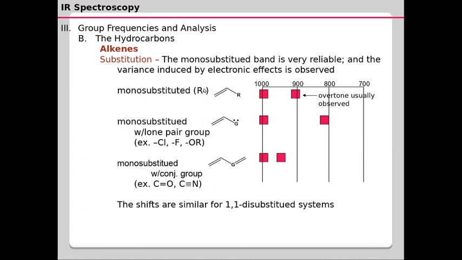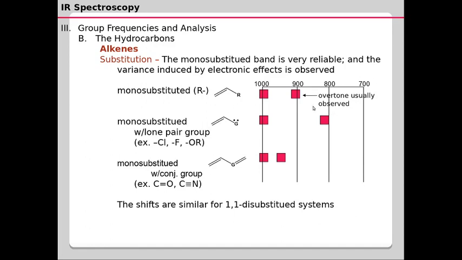But if the functional group which we use to do monosubstitution on the alkene system carries lone pair electron density, such as chlorine, fluorine, or alkyloxy functional groups, then this non-bonding electron density on the functional group can interact with the carbon-carbon double bond pi electron system here.